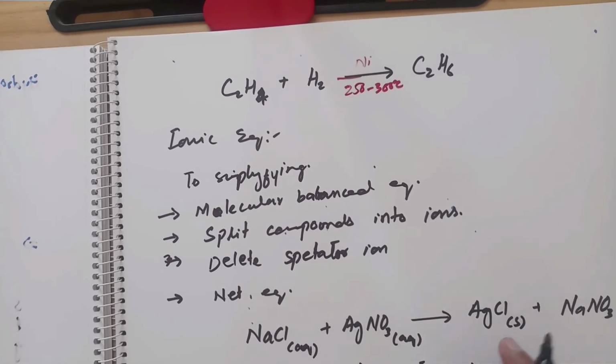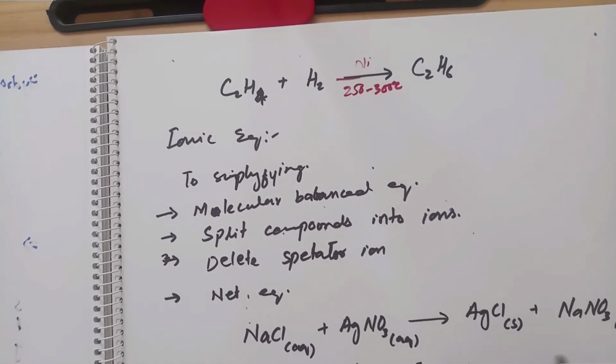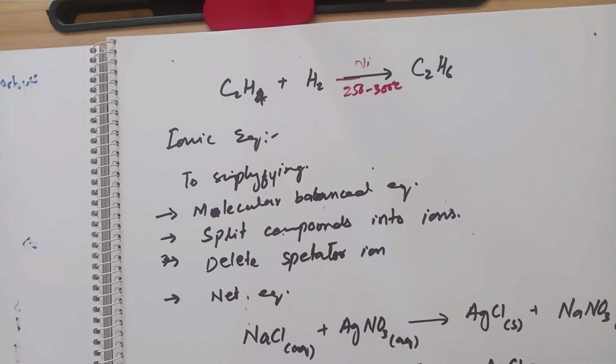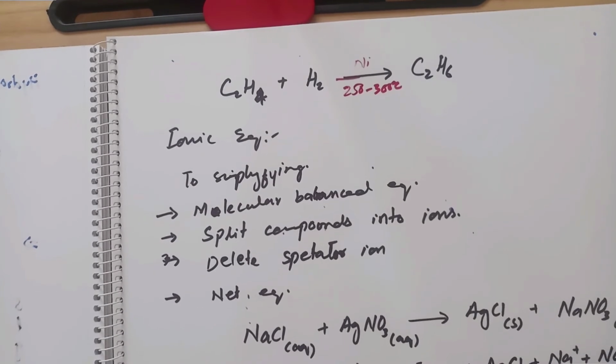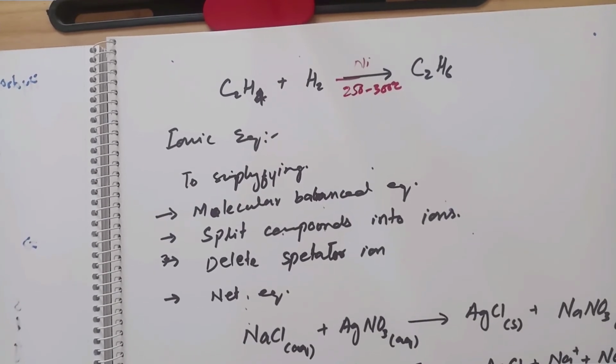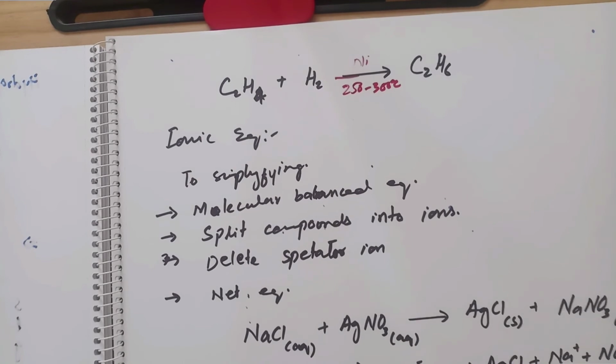AgCl is present in a solid state, so it doesn't dissolve in water, and it remains AgCl. And again, the sodium nitrate is an aqueous solution, it can be broken into its ions, that is sodium and nitrate in aqueous solution. Is it clear?